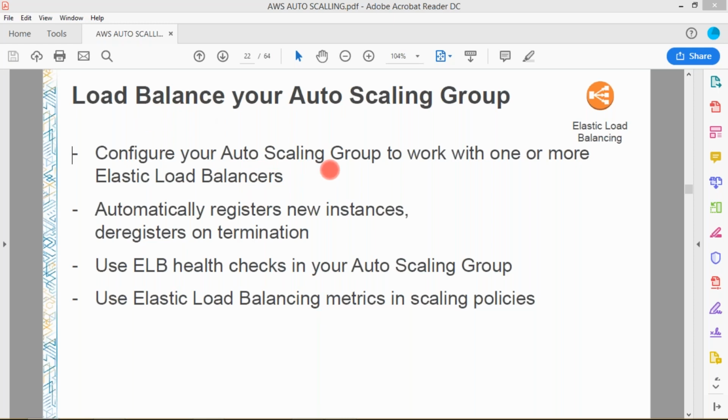It will segregate network traffic, and it will be a cost-effective solution, because in the load balancers you get the CloudWatch configurations.